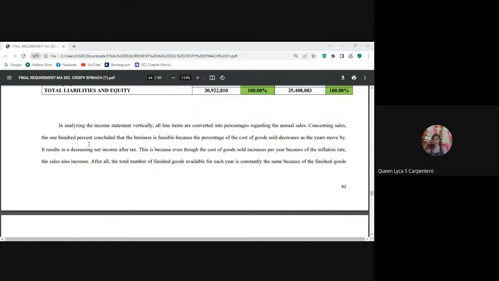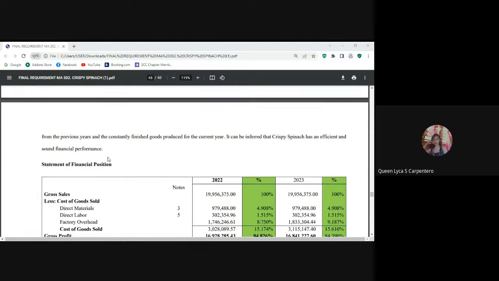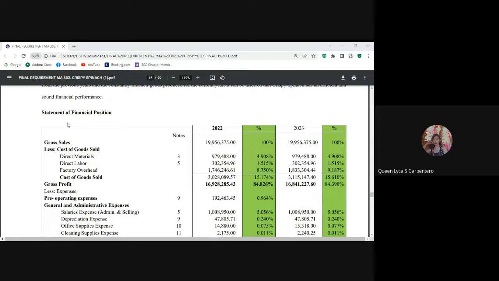So the same because of the finished goods from the previous year and constantly finished goods produced from the current year. It can be inferred that crispy spinach has efficient and sound financial performance. So same ra gyapon sa vertical na pagbuha sa financial performance og ang financial statement niya.